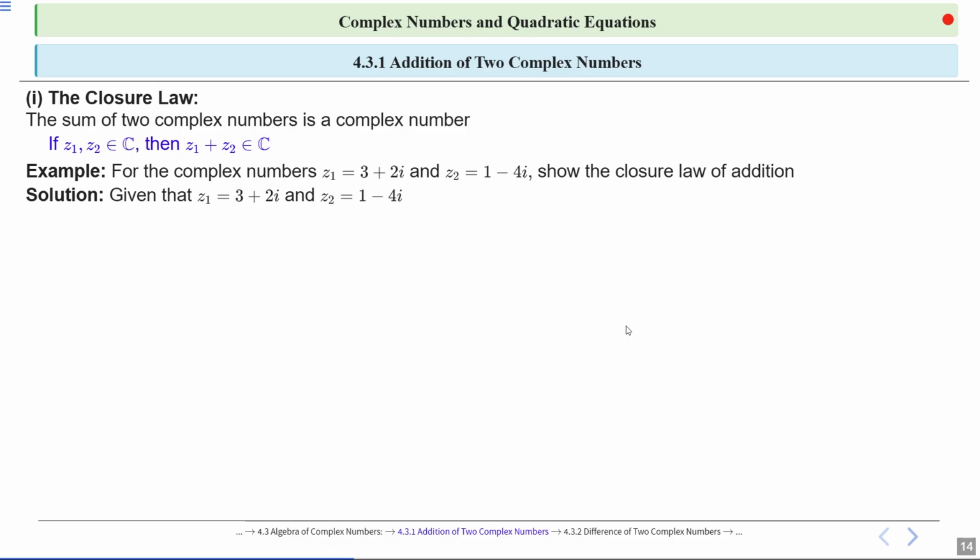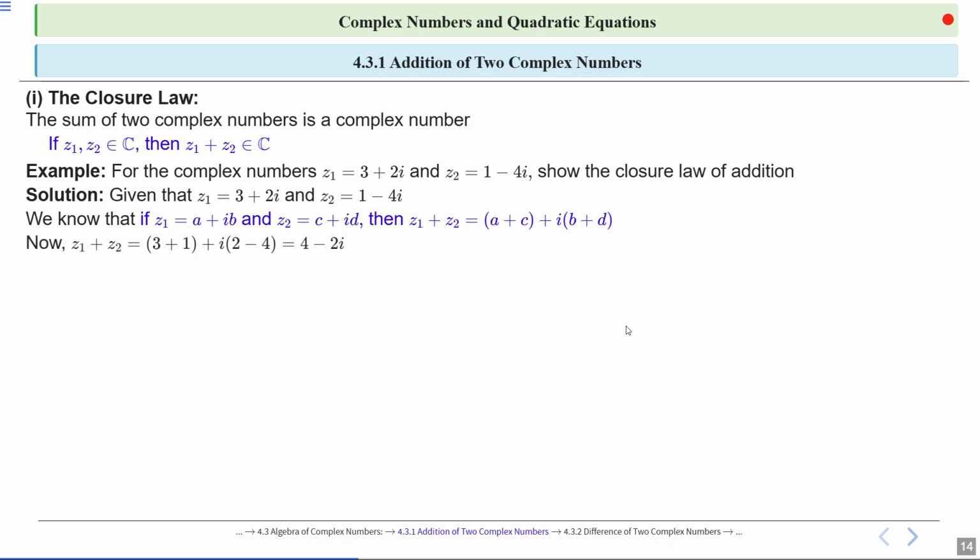Given that Z1 equals 3 plus 2 iota and Z2 equals 1 minus 4 times iota. We know that if Z1 equals A plus iota times B and Z2 equals C plus iota times D, then Z1 plus Z2 is equal to A plus C plus iota times B plus D.